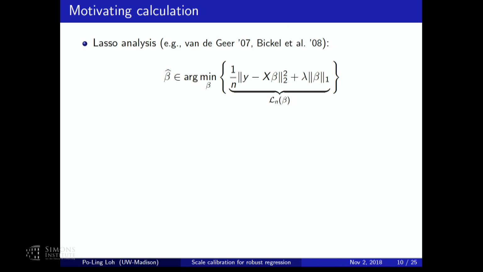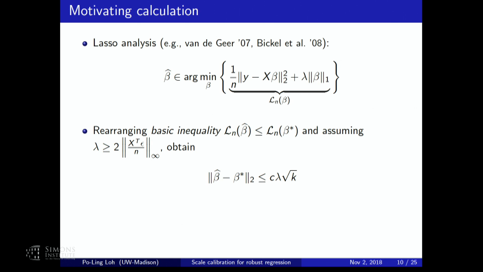Okay, so before I get to the scale calibration part, I also want to say a couple more words about this. So I think the main step that sort of demystifies how the loss function can play off against bad heavy-tailed errors is the following. If you want to analyze a lasso, then what you would normally do is write down the basic inequality.